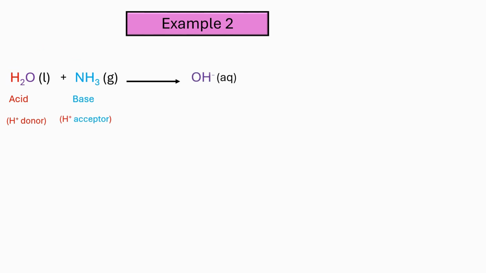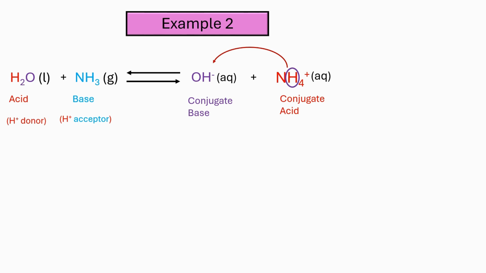And this would give us hydroxide ion, which is a conjugate base, plus ammonium ion, which would be a conjugate acid. As a conjugate acid, ammonium ion can donate a proton to hydroxide ion, so the reaction will go backward to produce water and ammonia.